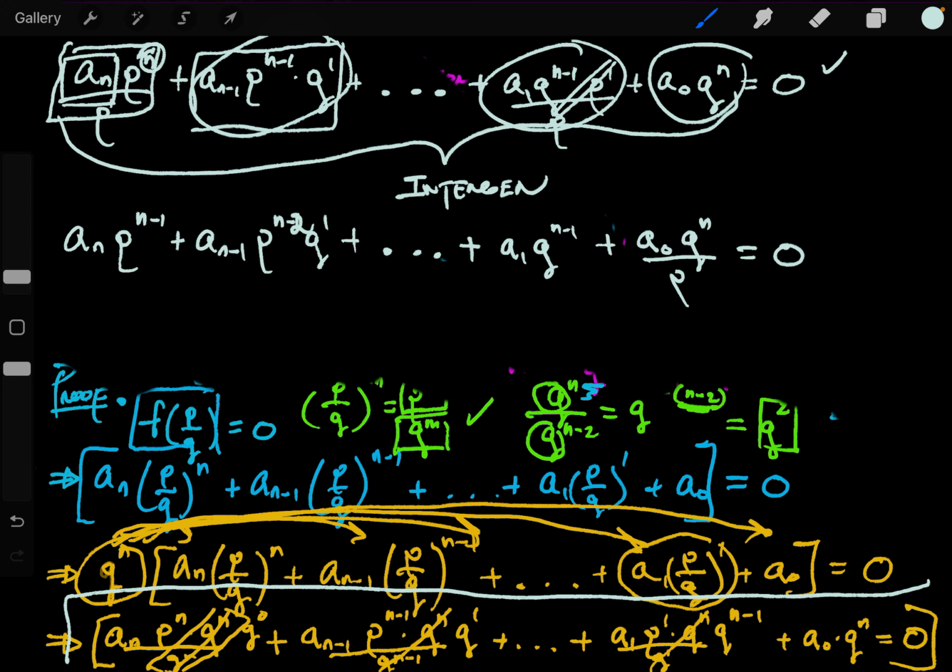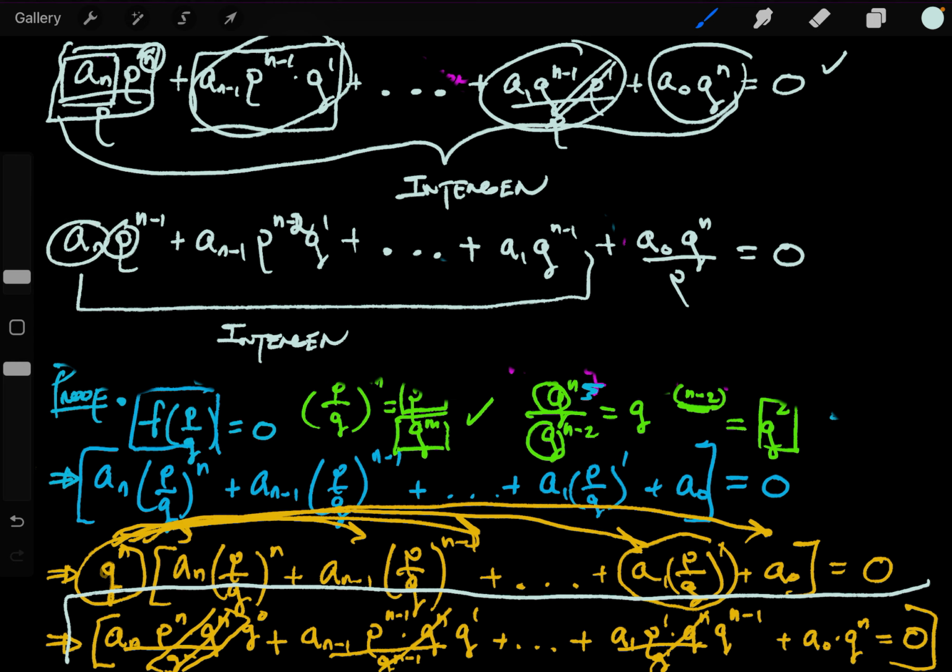And with this, you get one part of your result. You get that this whole thing is an integer. This whole thing must be an integer. For the same logic that we had above, look, p is an integer, a is an integer, and p to the n minus 1 must be an integer, and then this is an integer. An integer times an integer is another integer. So therefore, this is an integer.